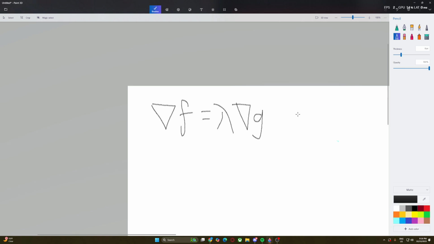But just know, here is the main important thing: the gradient of f is equal to something called the Lagrange multiplier times the gradient of g. As shown, they are parallel, and it's just some multiplier that distinguishes the two vectors.